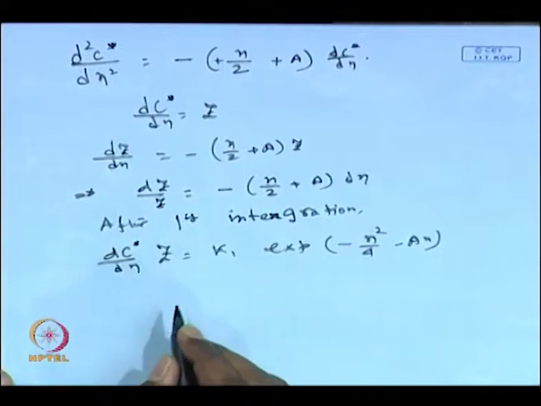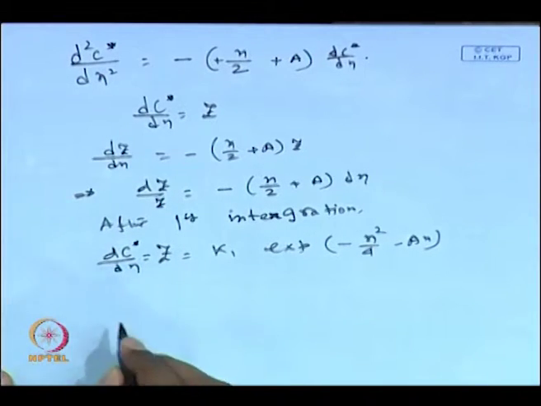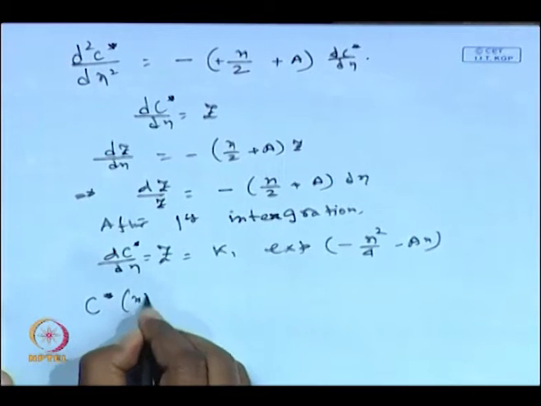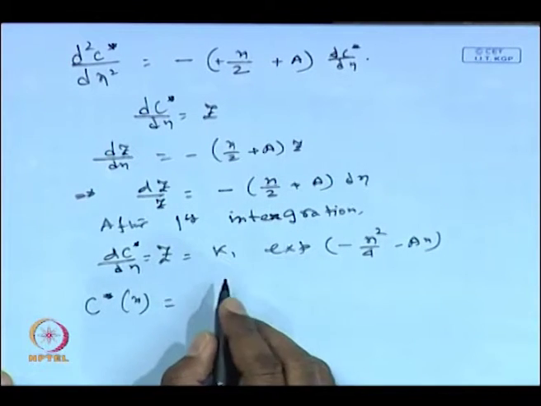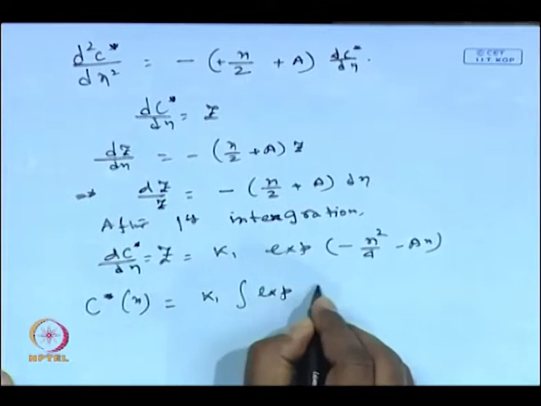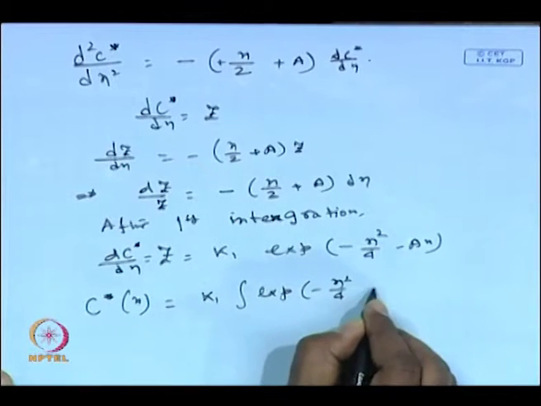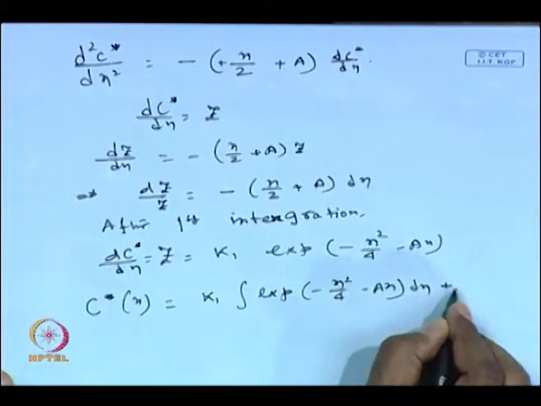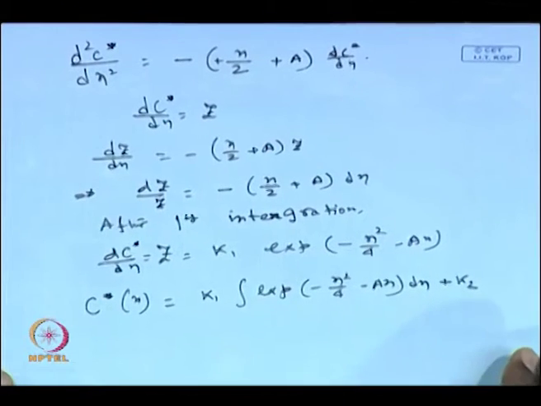One more integration will give you the expression of c star as a function of eta. c star will be k1 times the integral of exponential minus eta square by 4 minus A eta d eta, plus k2.